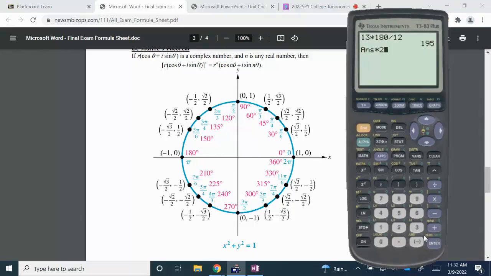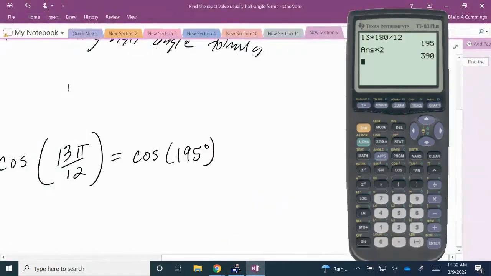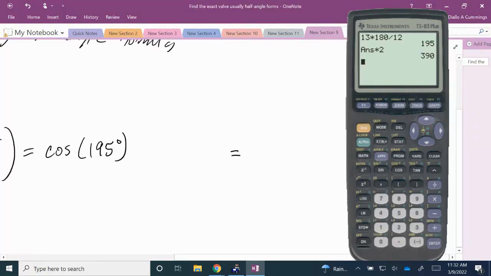I multiply it times 2, and I get 390 degrees. So I'm going to write this as the cosine of 390 degrees divided by 2.